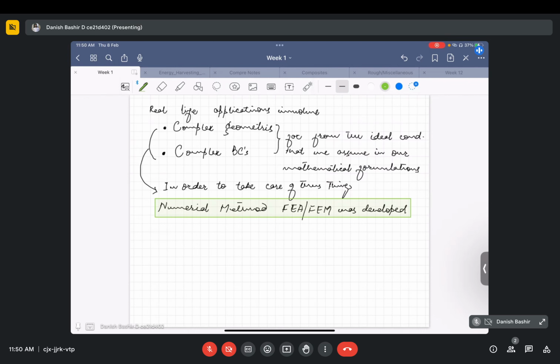And one more thing: once we define the finite element method, we define a number of steps for how to deal with a finite element problem. That involves doing the same procedure again and again.